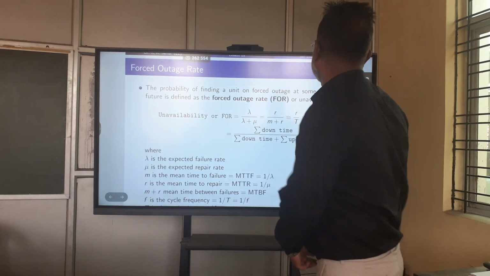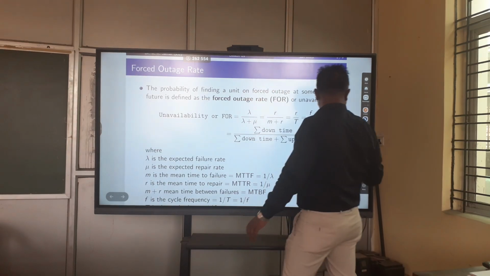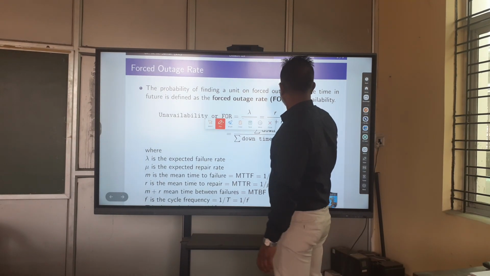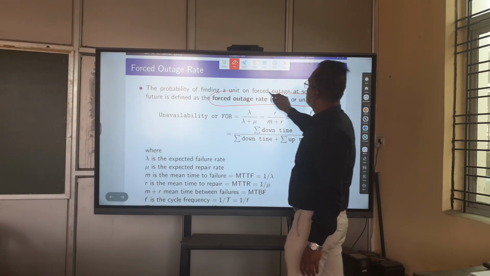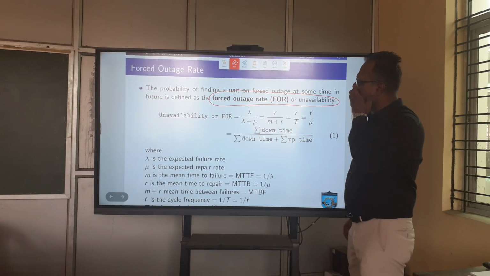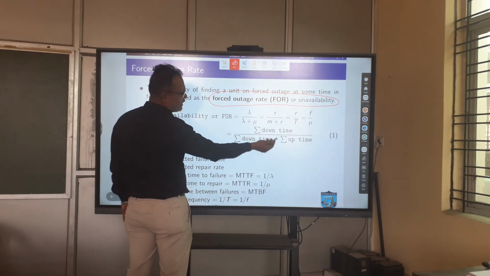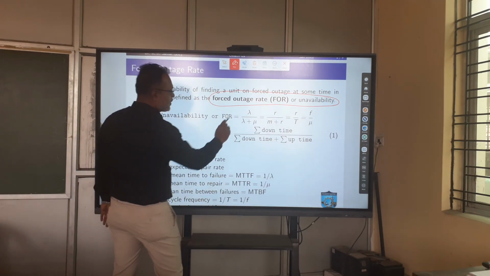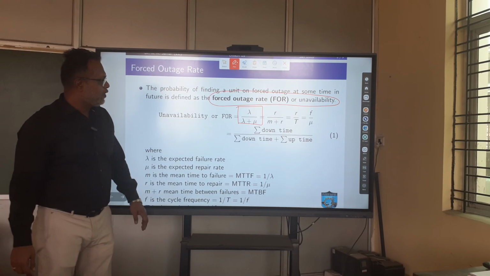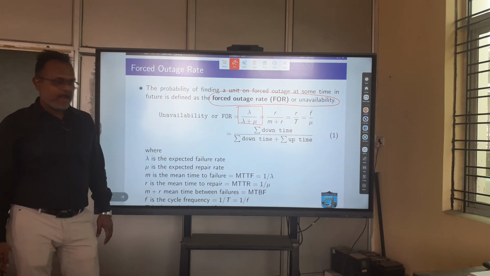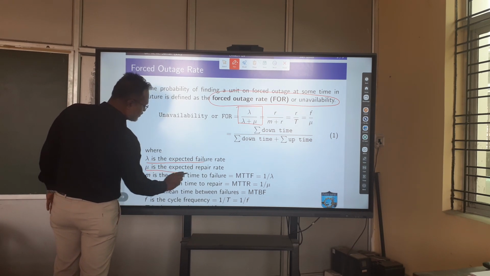Forced outage rate is basically unavailability, and this is generally given as downtime divided by downtime plus uptime, also represented as lambda by lambda plus mu, where lambda is the failure rate and mu is the repair rate. So lambda is the expected failure rate, mu is the expected repair rate.